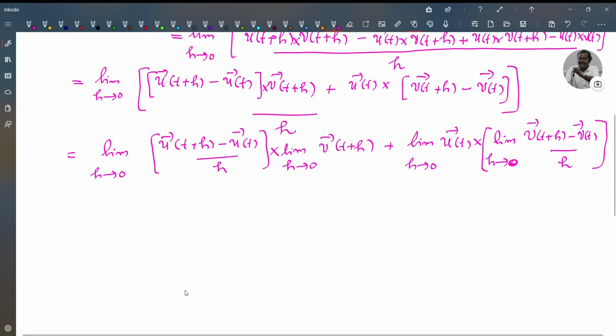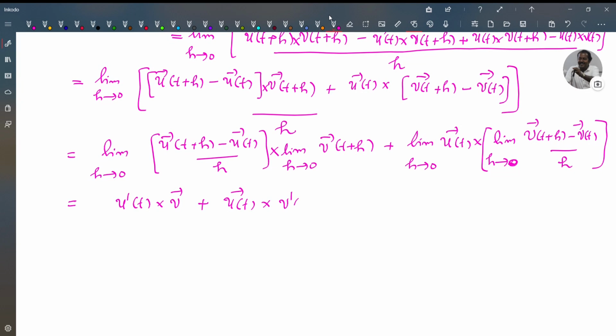So this is equal to u prime of t cross v, because as h tends to 0, v of t plus h is v of t, plus u of t cross v prime of t.